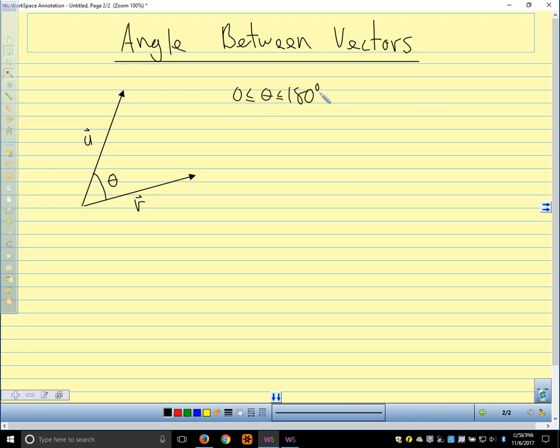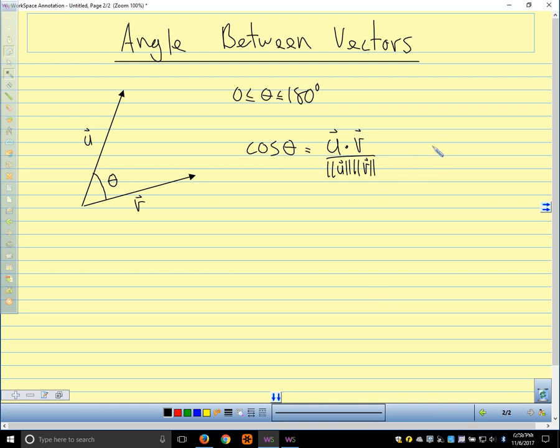So the angle between these vectors is somewhere between 0 and 180 degrees. The cosine of the angle between them is u dot v over the magnitude of u times the magnitude of v. So the dot product gives us a piece of information about the angle between those two vectors.